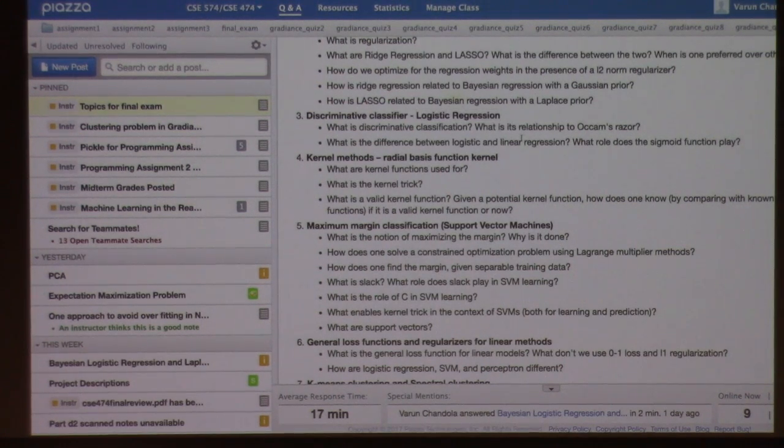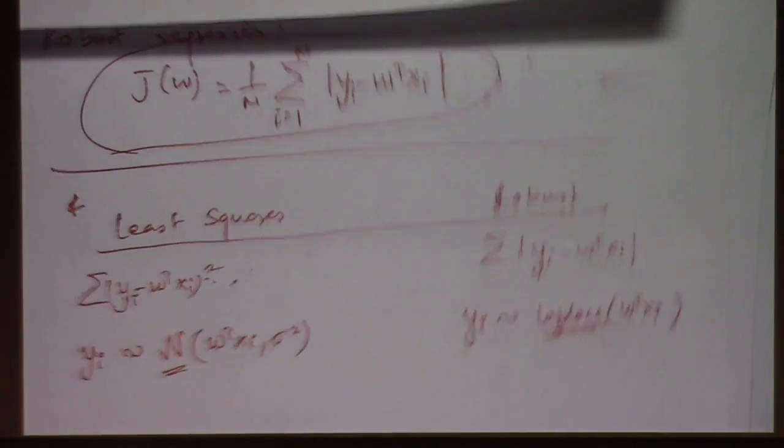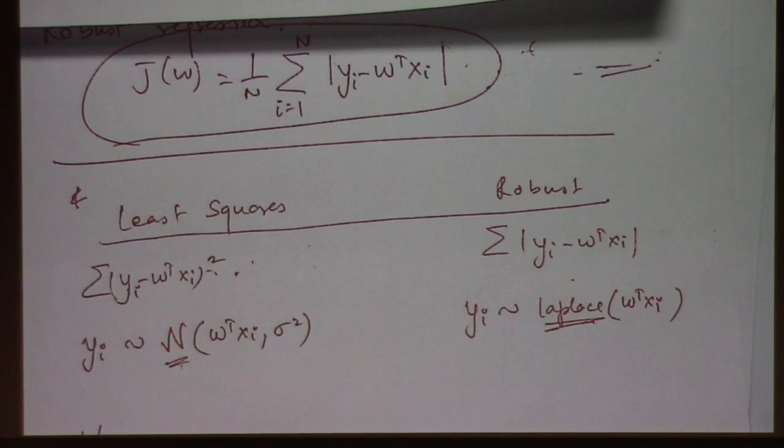And then, of course, what is the difference between logistic and linear regression? That's clear. Logistic is for classification, linear is for prediction. But what you need to understand is how we get to logistic from linear. The only difference is this. Instead of using normal, we say yi is actually Bernoulli on sigma of W transpose xi.